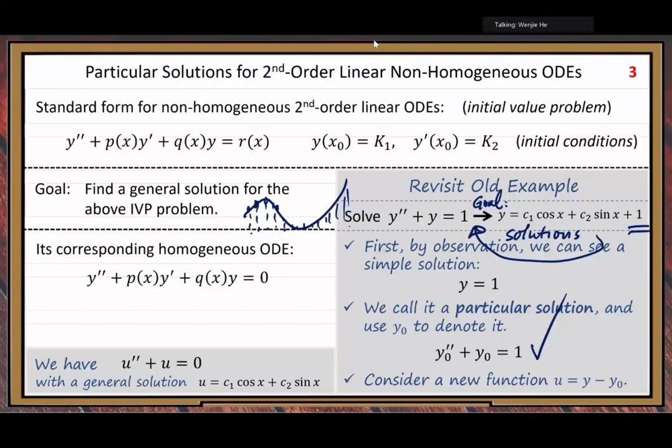I will try to find one or two class sessions to talk about numerical solutions this semester, probably after the midterm. So now you know the basic process.